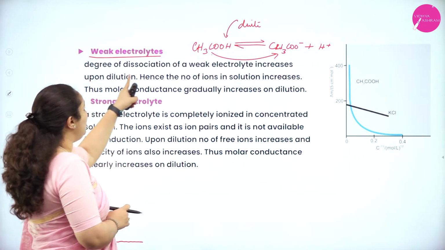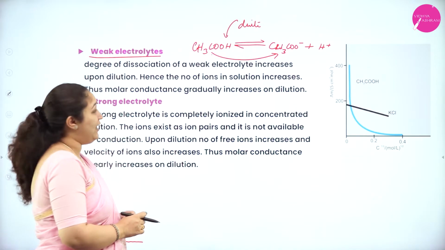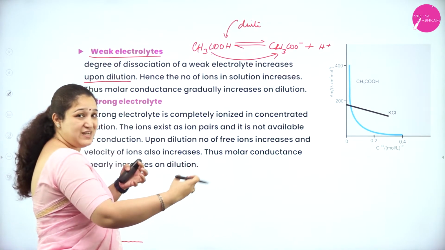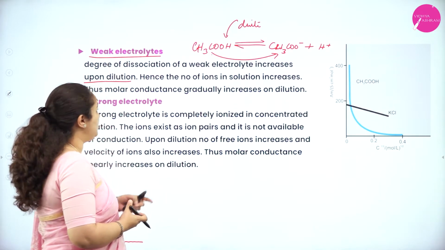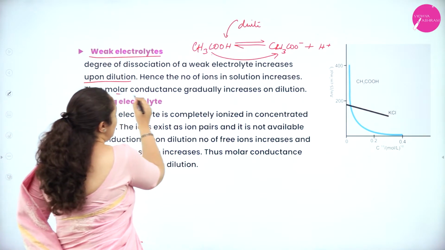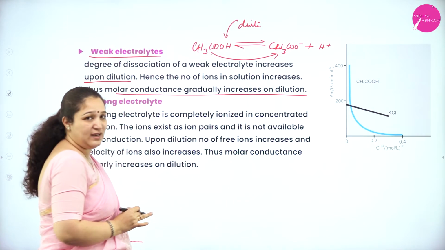Thus, the degree of dissociation of a weak electrolyte increases on dilution. So, how much it will dissociate? That will increase on dilution, and hence the number of ions increases, thus the molar conductance gradually increases on dilution.